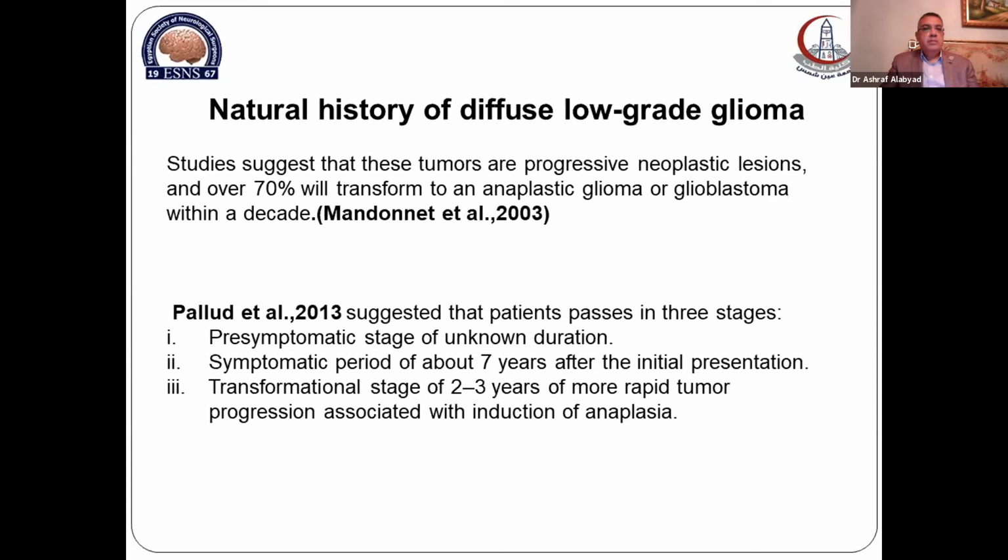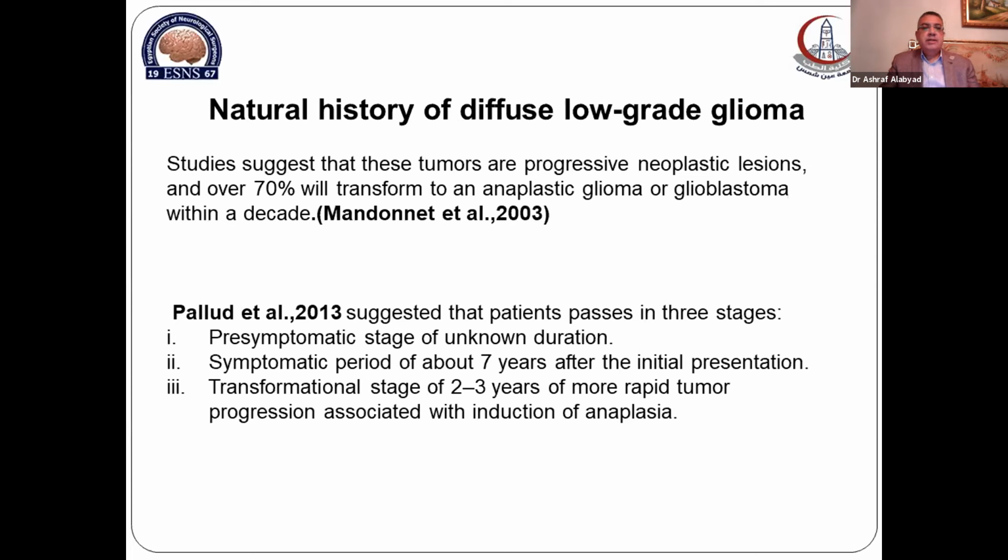Mandonnet suggested that these tumors are progressive neoplastic lesions, and over 70% will transform to anaplastic tumors or glioblastoma within a decade.